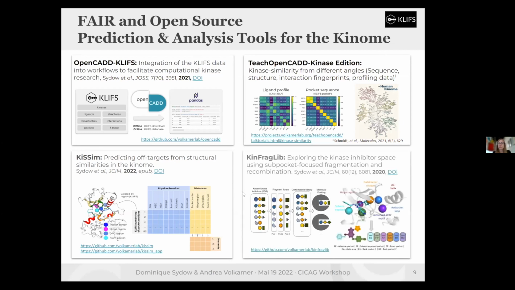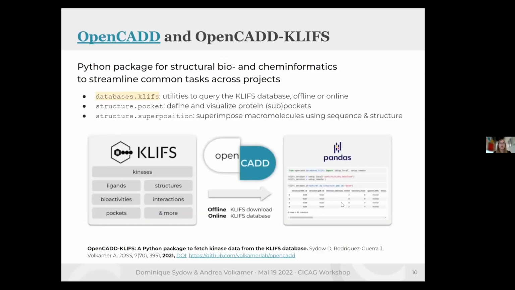And lastly, we also built KinFragLib, which is a kinase inhibitor fragment library, where we use all available inhibitor data, the structure of those, divide them based on their location in the binding site, annotated through KLIFS. And then we do a mix and match procedure to generate new compounds that can then be used for molecular docking. Which will not be covered in detail today, this part.